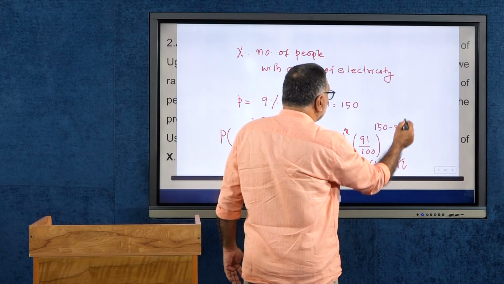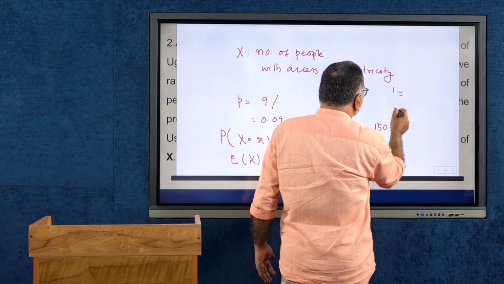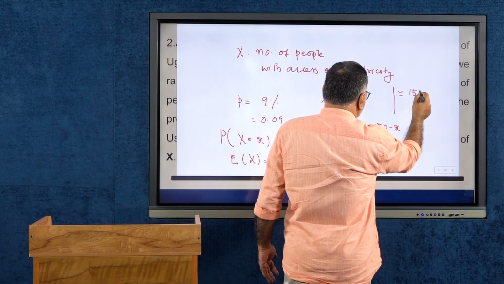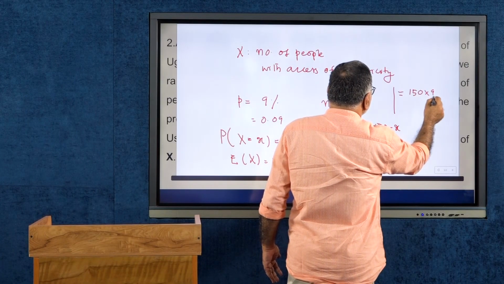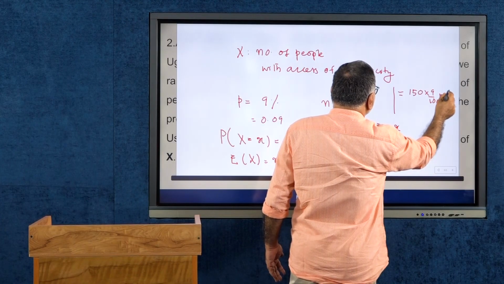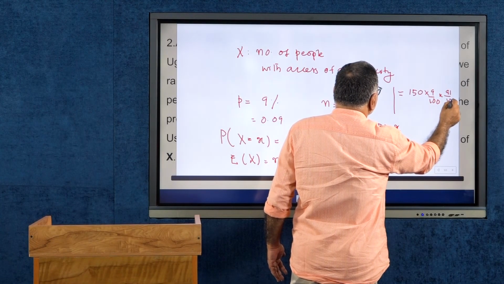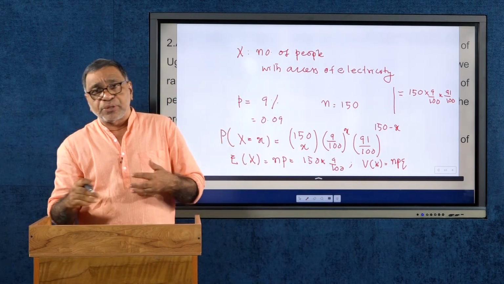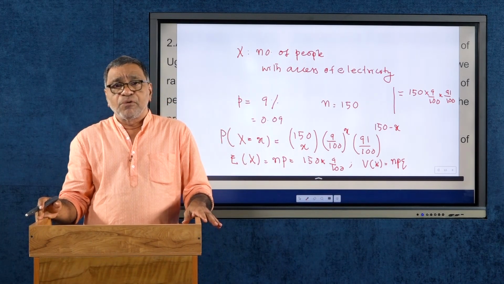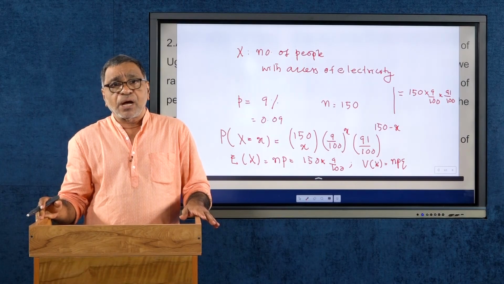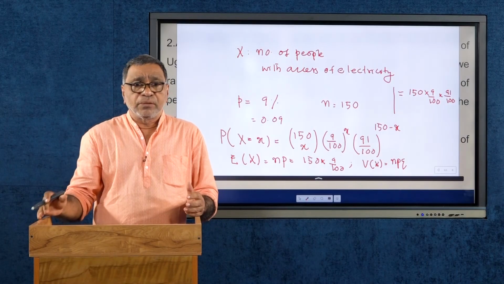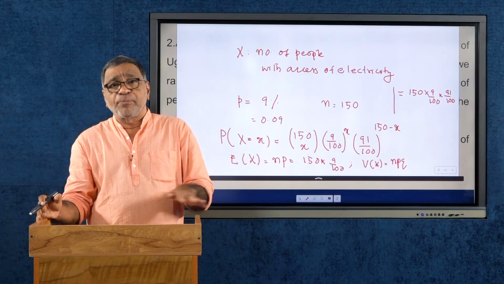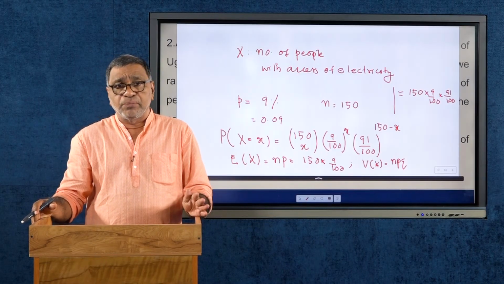You can substitute the values, that is 150 times 9/100 times 91/100. Suppose the question is about finding the probability of other events, you can find them because we know the probability mass function of the random variable.